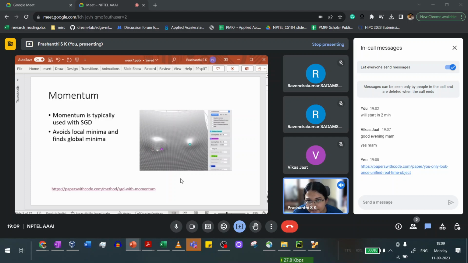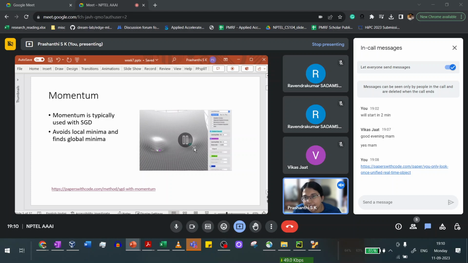This is what SGD tries to do, but in some cases it can get stuck here. As you see the blue one, it comes here and gets stuck. So many times you will hear about getting stuck in a local minima. Momentum is one of those ML techniques used with SGD. And why the name momentum? As you can see from this purple ball, when it reaches here, it's almost as if it gets a push.